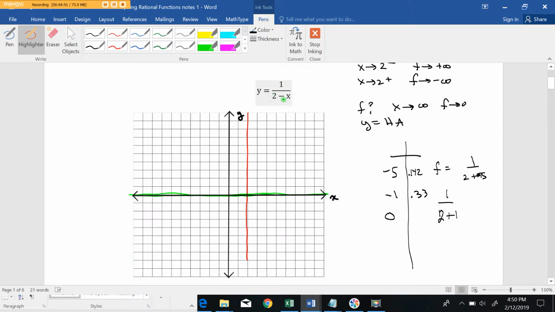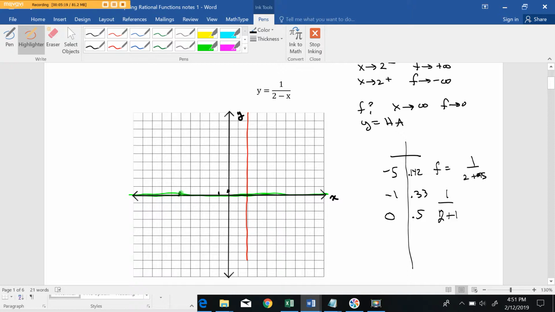That would be 1 over 2, that's 0.5. Let's plot a couple of these points now. 0.5 is like here. 0.33 is like here. Boy, it approaches the asymptote really fast. 0.142 is barely above the line here.